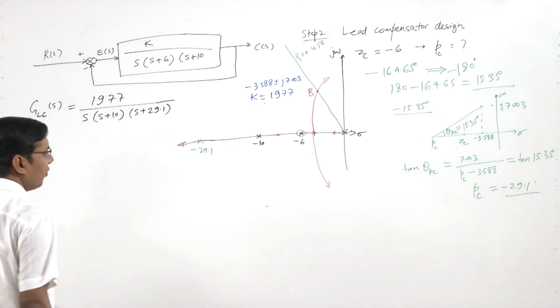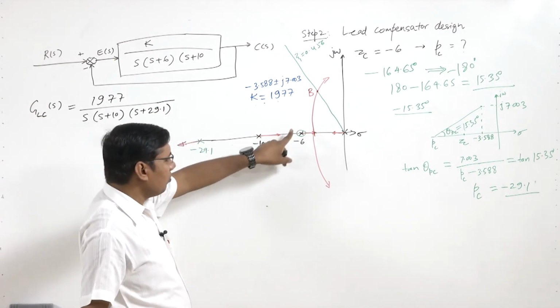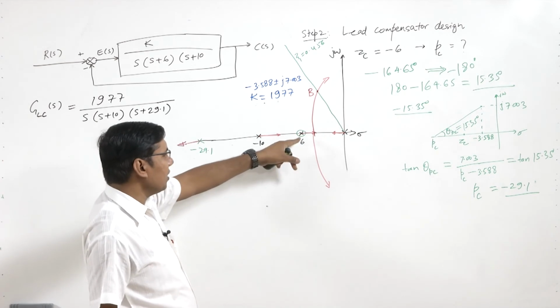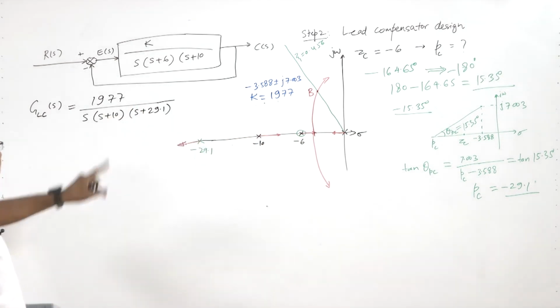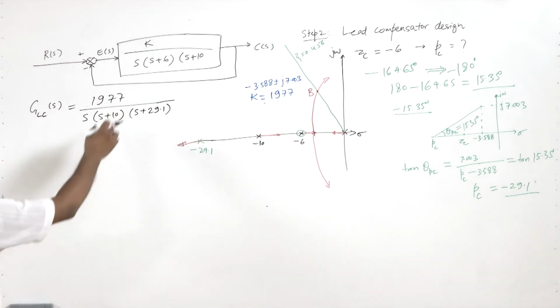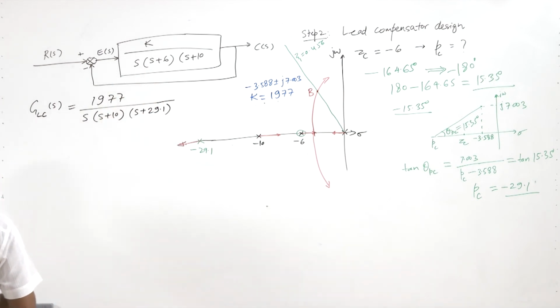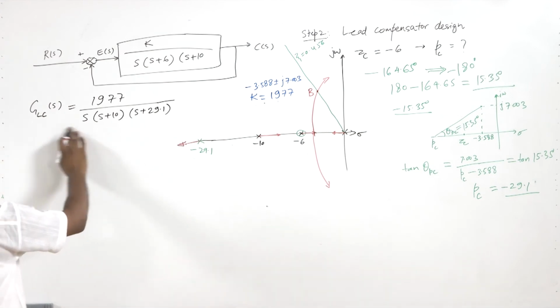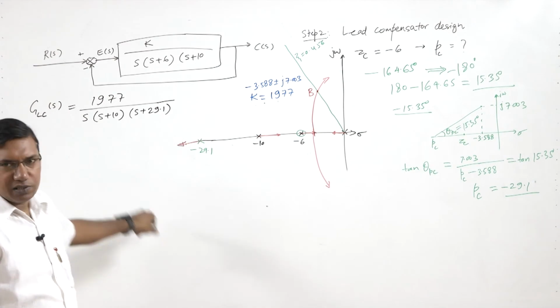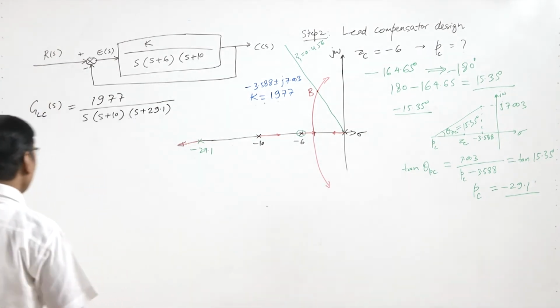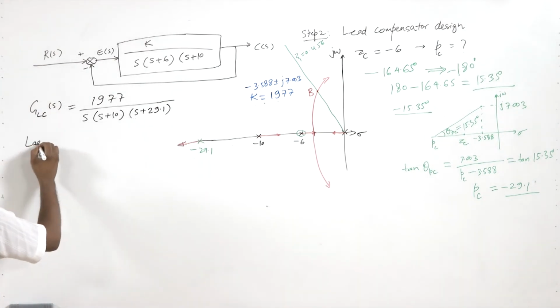So here we see that when we put the compensator 0 at this pole location, they will cancel out. So this 0 at S plus 6 cancelled this pole, system pole at S plus 6. So this is the lead compensated system's transfer function. Now we have to go for lag compensator.